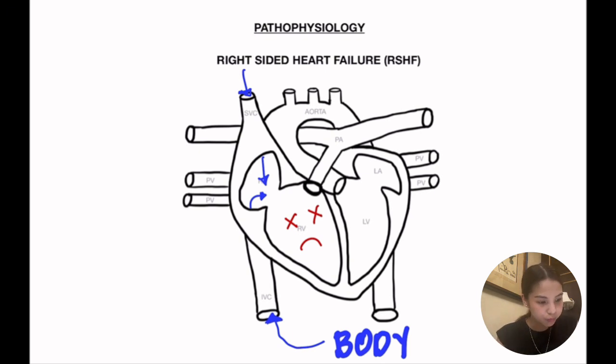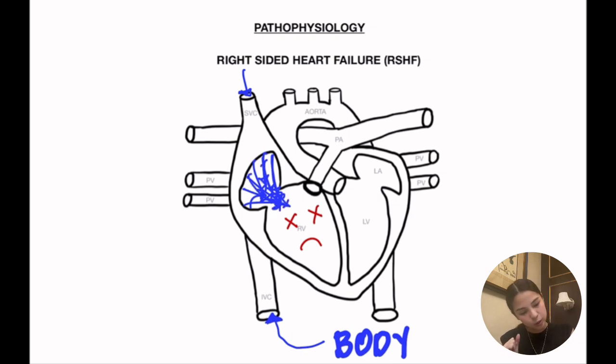So all of this blood from the superior vena cava enters the right atrium. But the right ventricle, it's supposed to push it over here into the pulmonary artery and into the lungs, etc. But this time it does not pump it anymore. So again, all that blood is being pushed over here, but it decides not to work.